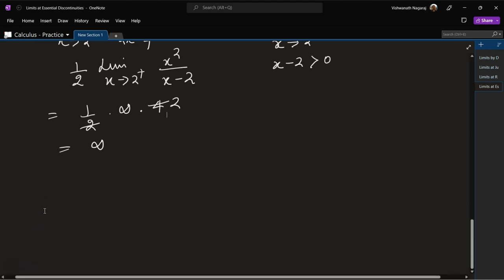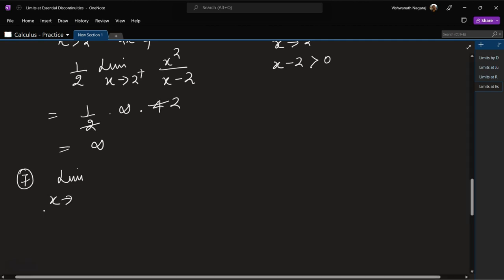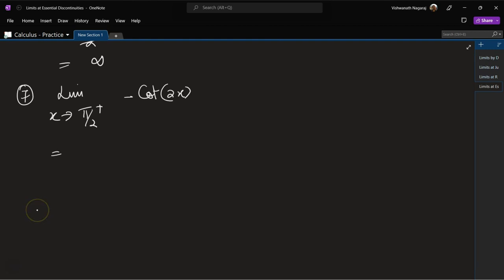Okay. Next, seventh one. Now, seventh one, we are going to change gears. That is limit as x approaches pi by 2 from the positive side of minus cot of 2x. Okay, don't panic. Let's convert this.